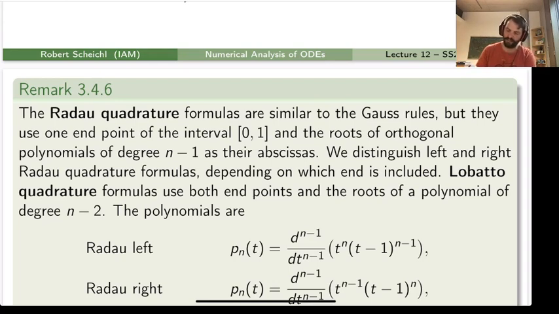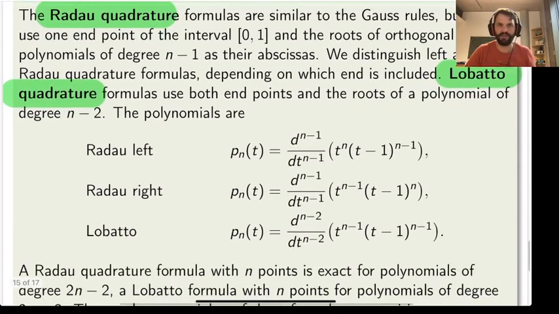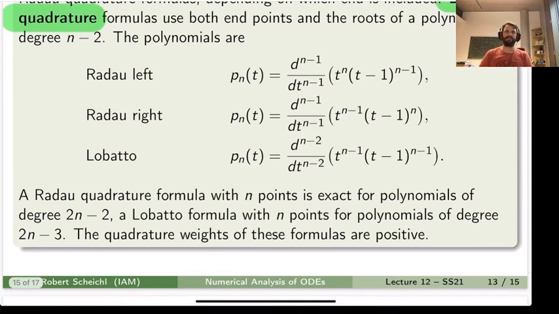And then we distinguish left and right Radau quadrature formulas depending on which endpoint we include. And then the Lobatto quadrature uses both endpoints and then uses the Legendre polynomial of degree n minus 2.